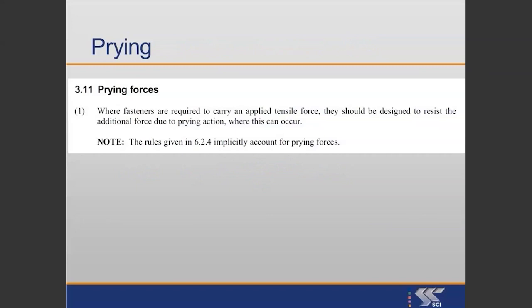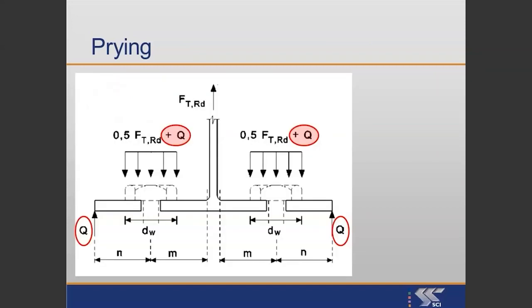This is the clause that particular requirement referenced, clause 3.11. So when fasteners are required to carry an applied tensile force, they must be designed to resist the additional force due to prying action. So the Eurocode doesn't really give us the simple approach, it gives us the more complicated approach.